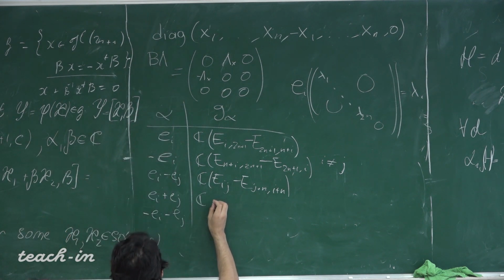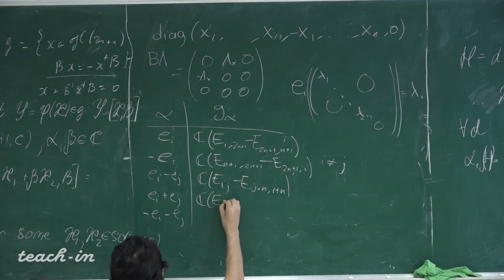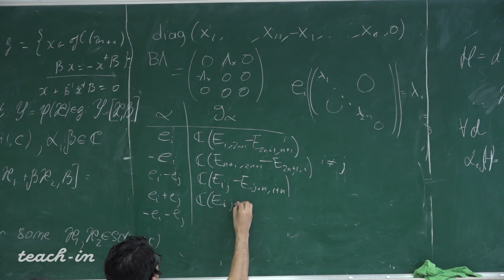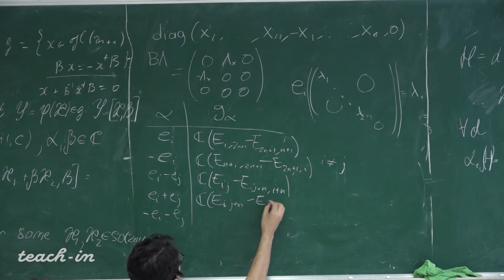The next one is j plus n, minus j, comma, I plus n.